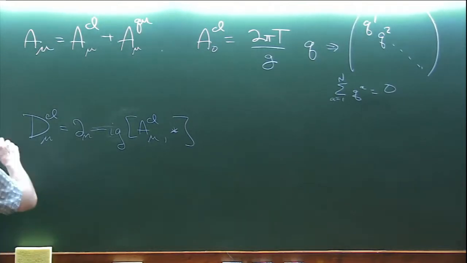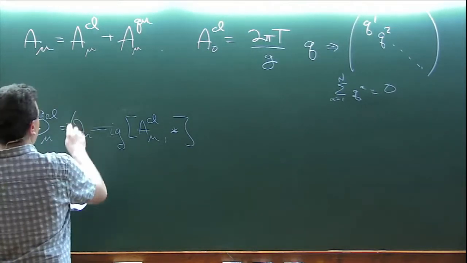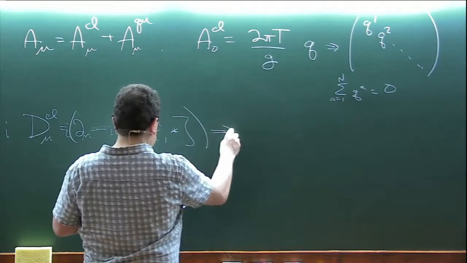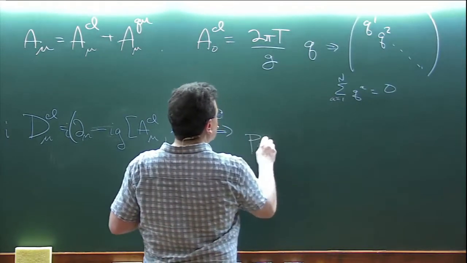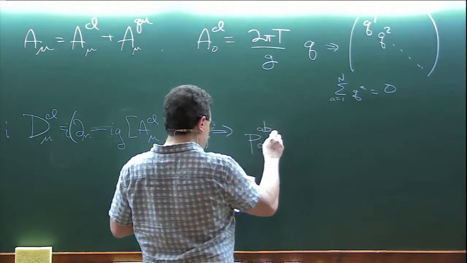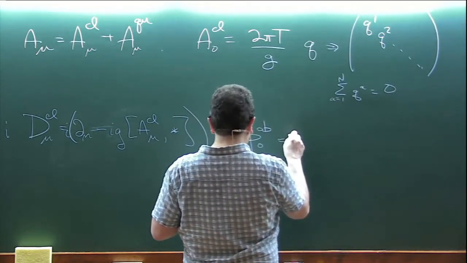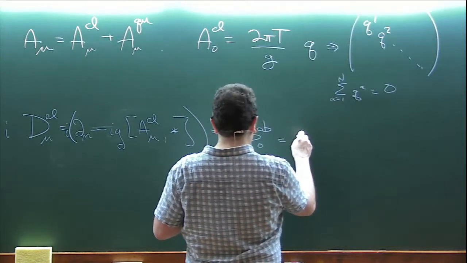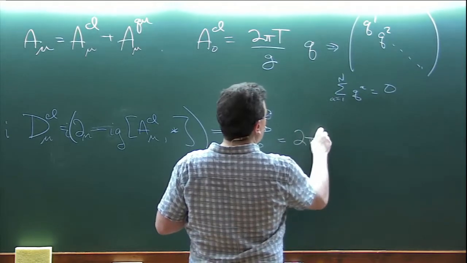And if you take i times this and go to momentum space, what you have is what we call colored momenta. Normally what do you have?